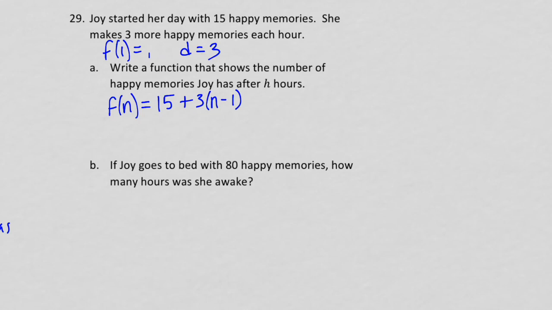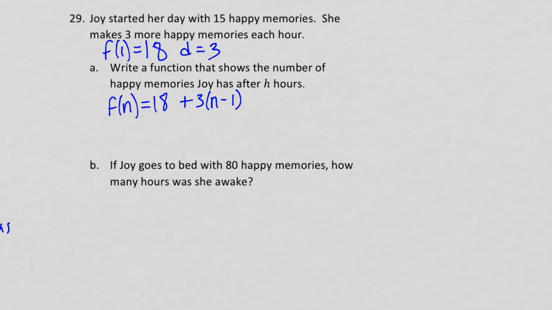So I need to change this to 18, because f of 1 means the first term, right? After 1 hour, she already has 18 because she already gained 3 more happy memories. So f of 1 is 18, d is still 3. Changing that here will give me the correct answer.